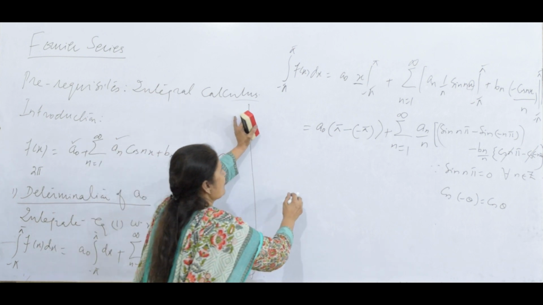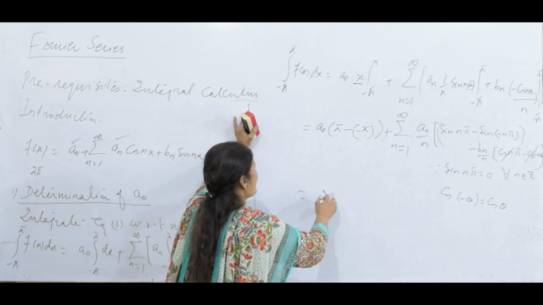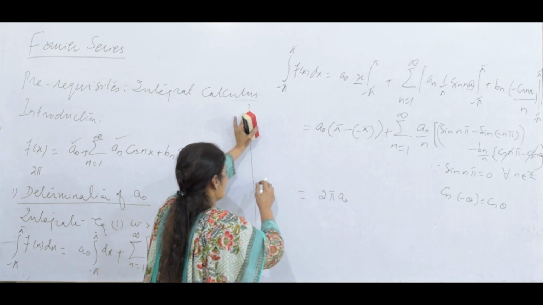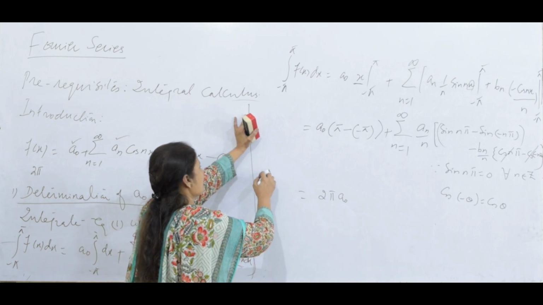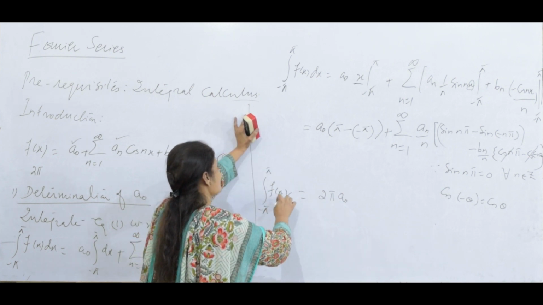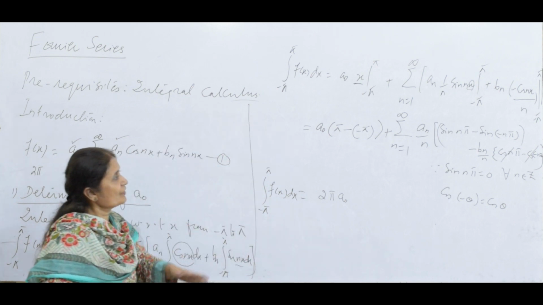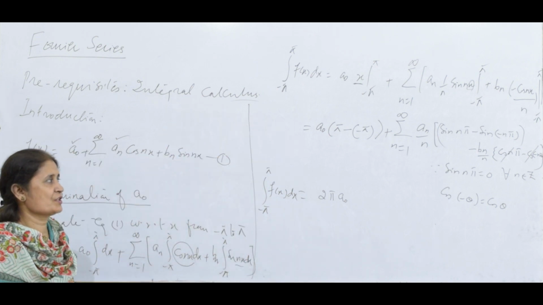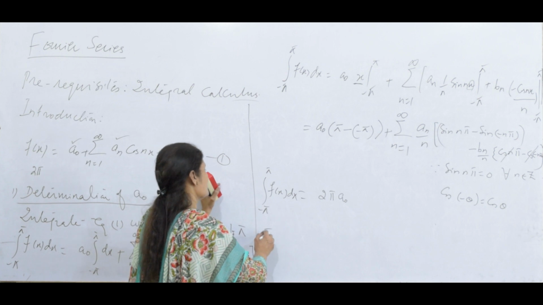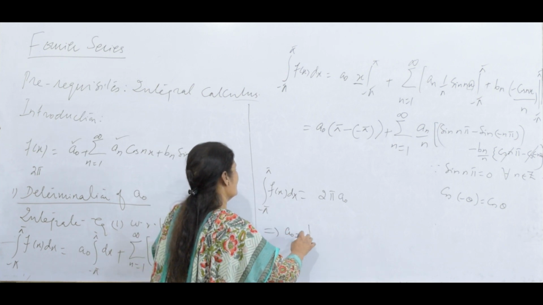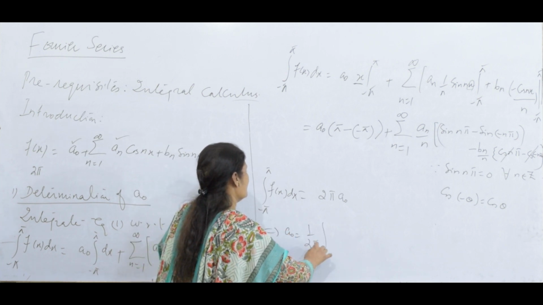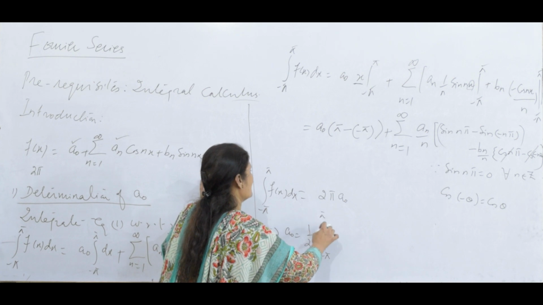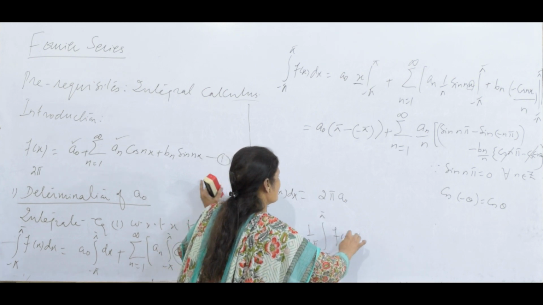So we are left with 2 pi a naught equal to the integral from minus pi to pi of f x dx. The rest of the terms vanish. So it means a naught will be 1 over 2 pi times the integral from minus pi to pi of f x dx.